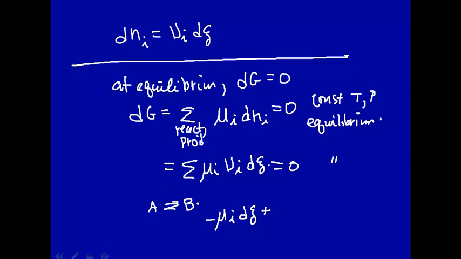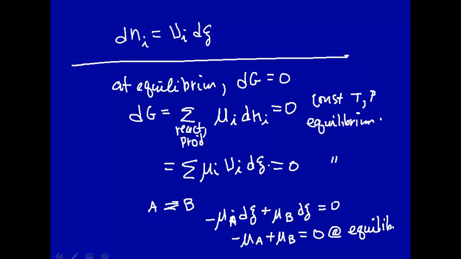We have one reactant, we did that one. Let's do the product B. The signed coefficient is 1, so that's plus mu sub B times dξ, and that's equal to 0. Or in other words, since the extent of reaction doesn't depend on A or B, we can say that minus the chemical potential of A plus the chemical potential of B is equal to 0 at equilibrium.